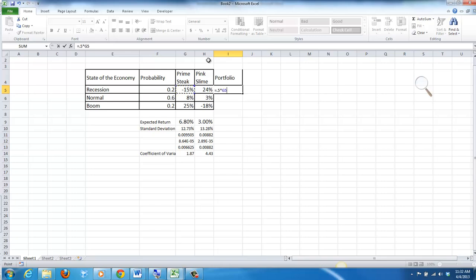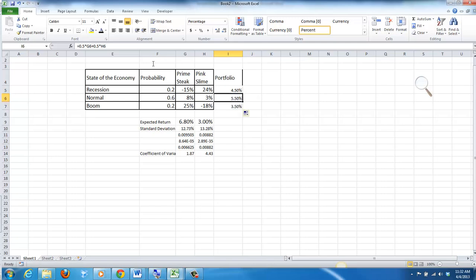I'm going to multiply that by the return in the state of the recession plus 0.5 multiplied by the return for Pink Slime in the recession state. So that gives me 4.5%. And then I can just drag that down again.